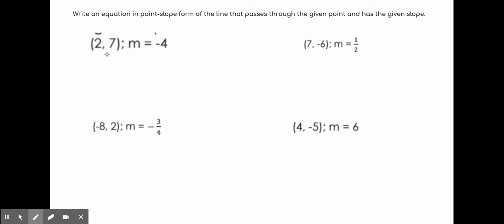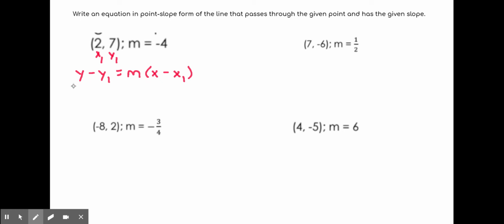That's why it's called point-slope form. You've got to have a point and you've got to have the slope, and you're going to label that point x1, y1, and then today they're going to give you m. For right now, I want you to write point-slope form every time. It is y minus y1 equals m times x minus x1. So write it so that we can see it.